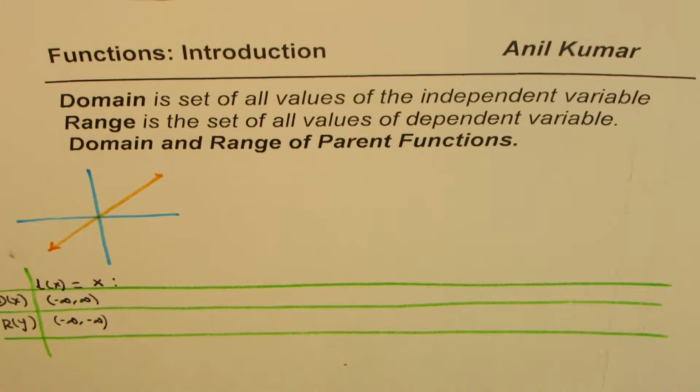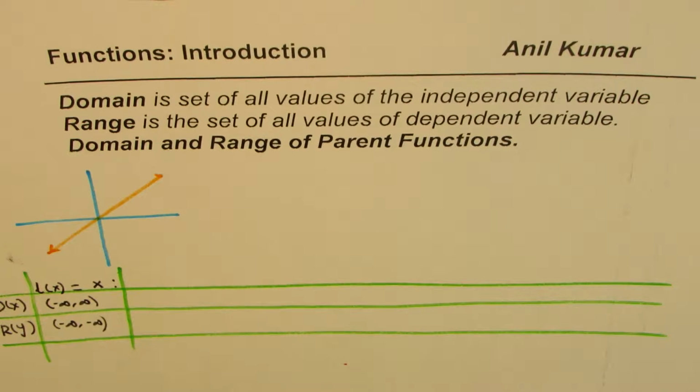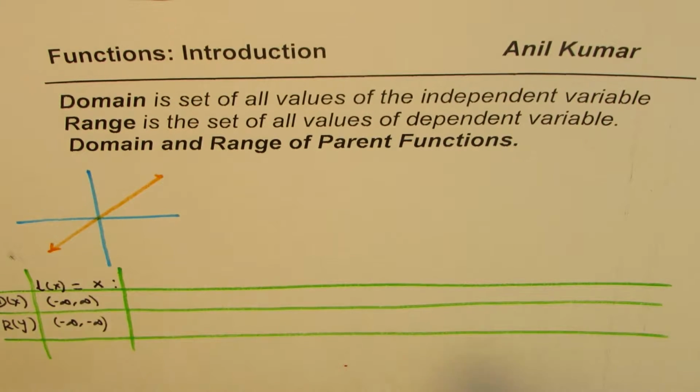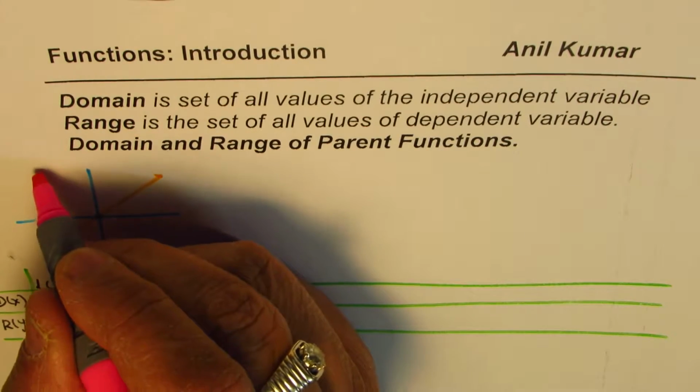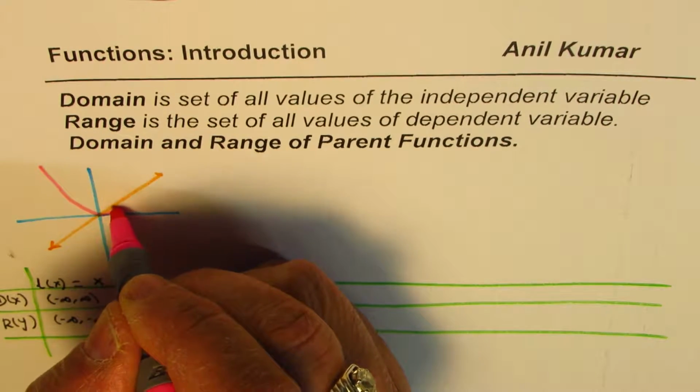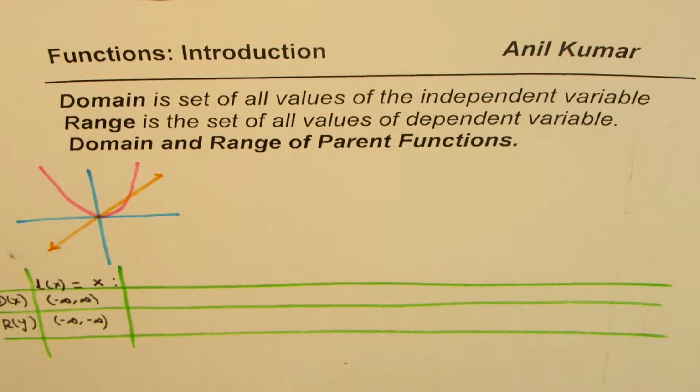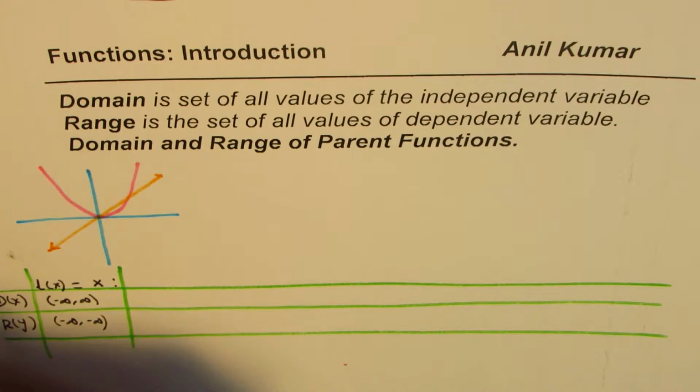Perfect. Let me sketch some more functions here which are kind of similar. You could call this a polynomial of degree 1. And if I draw another function here, which is a parabola, y equals x squared. So let's write down the function name here.